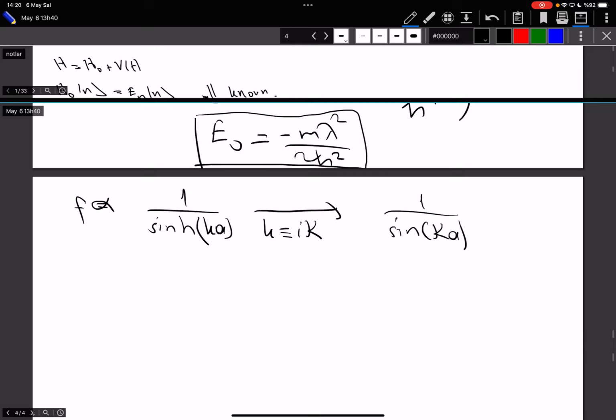It's not a big surprise that the poles of the scattering amplitude give you the energies.